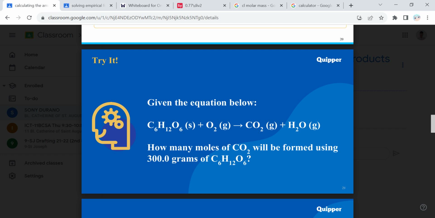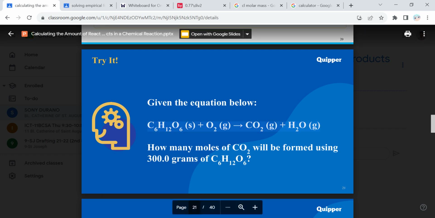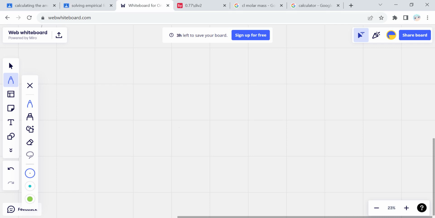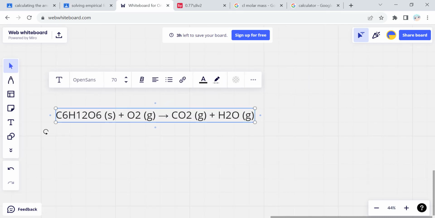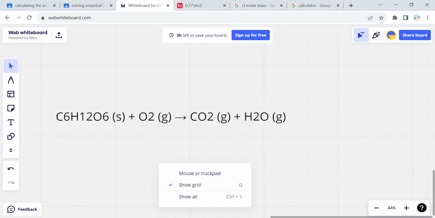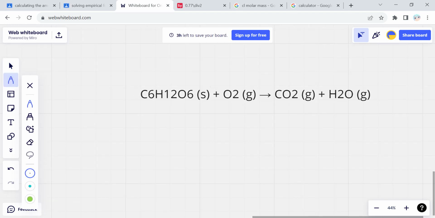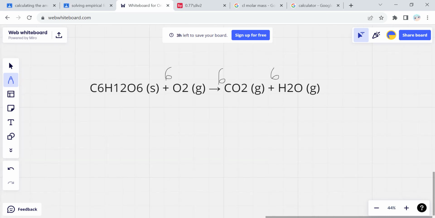I'm just gonna use some magic. I don't wanna spend too much time on balancing. So the balance equation for this should be 6 here, 6 here, and 6 here, I believe. 6 times 2, 12, 6 times 6, 6. Yep.